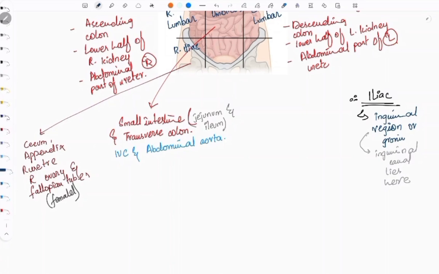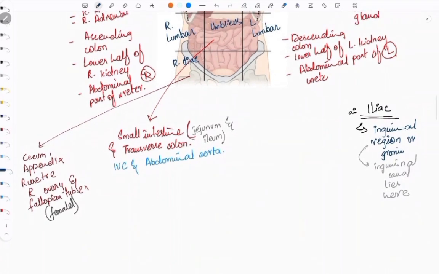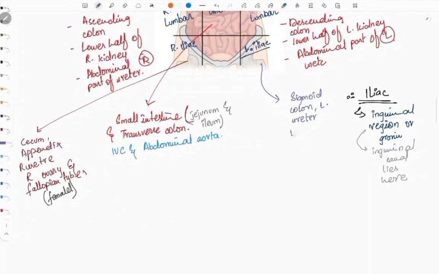Now coming back to the structures lying within the regions, let's talk about the left iliac region. The structures that lie within the left iliac region are sigmoid colon, left ureter, the pelvic or inguinal part, and the left ovary and fallopian tube in females.